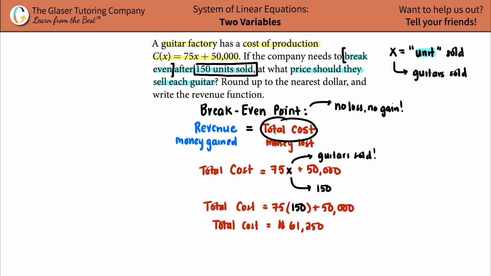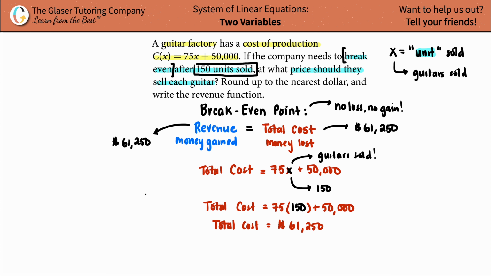Which means that if I'm losing $61,250, how much money do you think I have to gain to break even? If you're losing $61,000 because of rent or whatever the cost is, you have to shell out money to produce the guitars. That means the money you make from selling the guitars has to equal the same amount, $61,250.